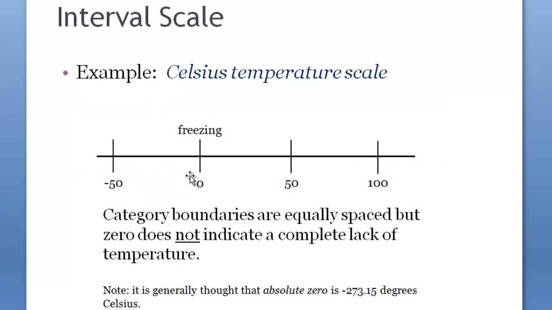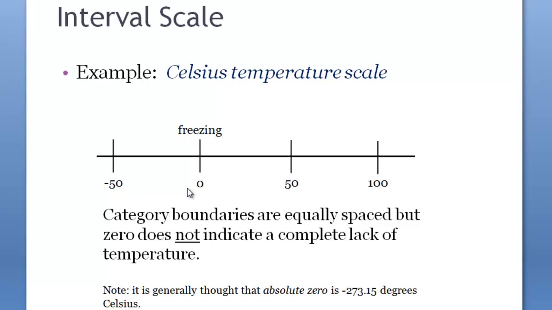Okay, Celsius temperature scale. This is 0 degrees Celsius, and the next one, 1 degree and 2 degrees Celsius, 3 degrees, and in the other direction is minus 1 degree Celsius, minus 2 degrees Celsius, minus 50 and plus 50. With 50 and 50, it's the same distance in different directions, and this is 0. But this 0 is not the actual true 0.